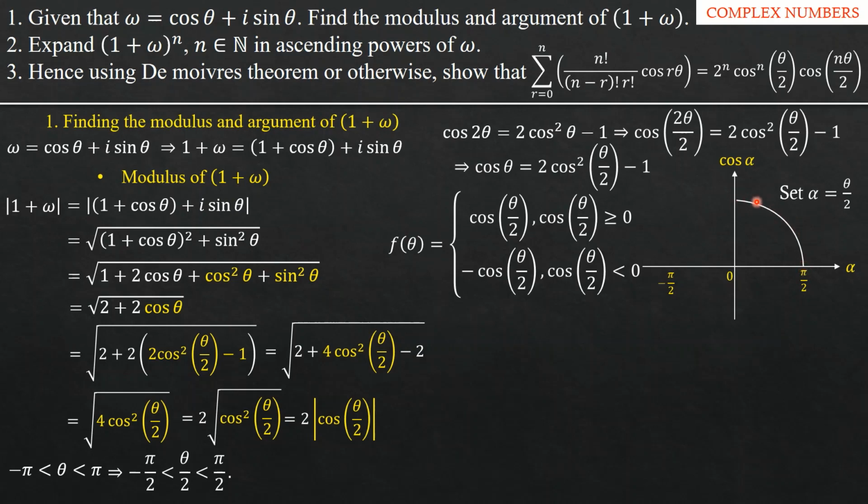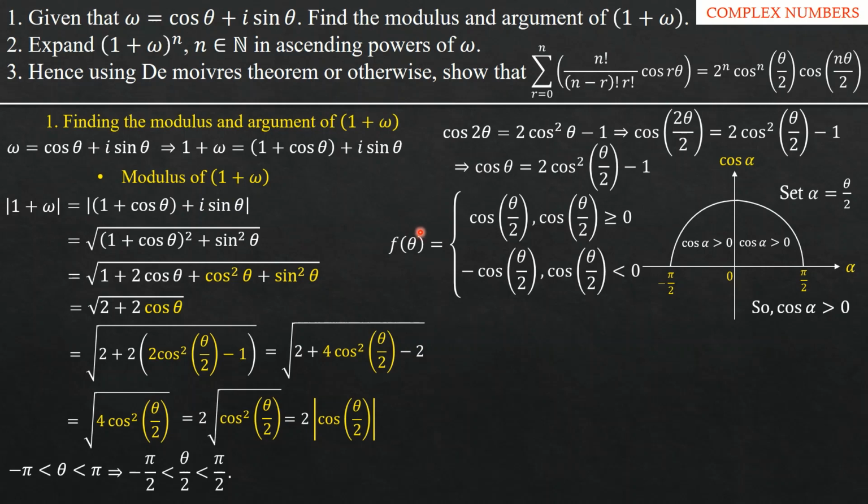Now in the interval 0 to pi on 2, the cosine of alpha behaves this way. So here is the graph of cos alpha in this interval. So clearly it is greater than 0 because it is above the horizontal axis. Now in the interval negative pi on 2 to 0, that is also the graph, and it is greater than 0 because it is above the x-axis. So in essence, cos alpha is greater than 0 for all alpha in the interval negative pi on 2 to pi on 2.